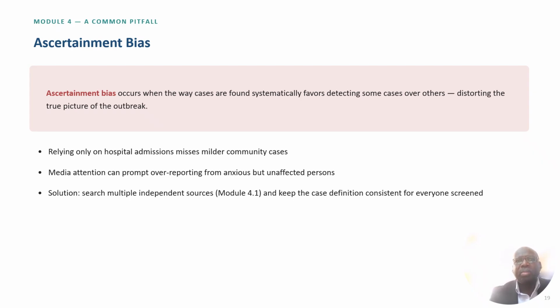What we have to consider is that relying only on hospital admissions misses milder community cases. Since we are calling for active search, we have to go out and look in communities, schools, whatever. Even in the hospital itself, we have to go and check the records.